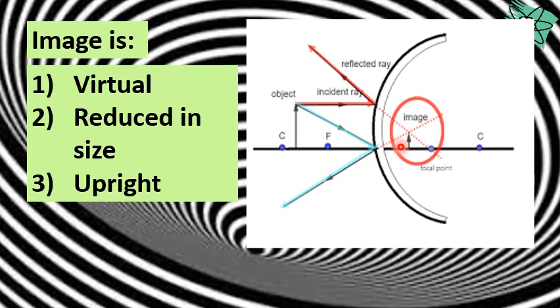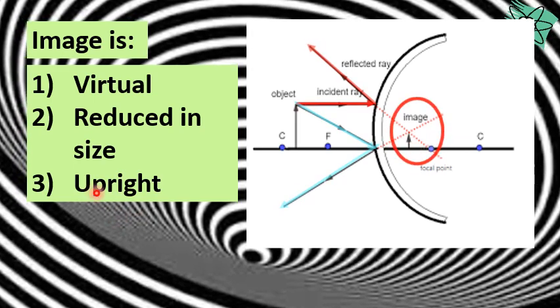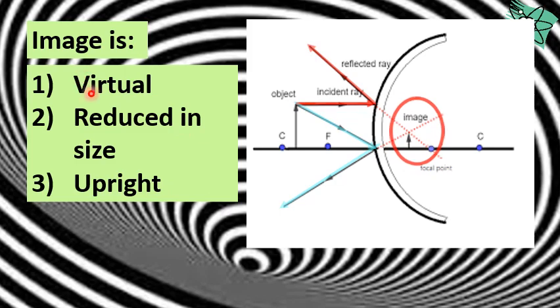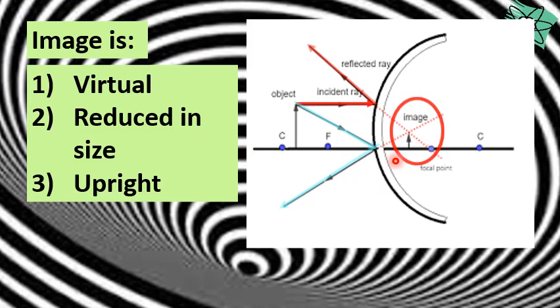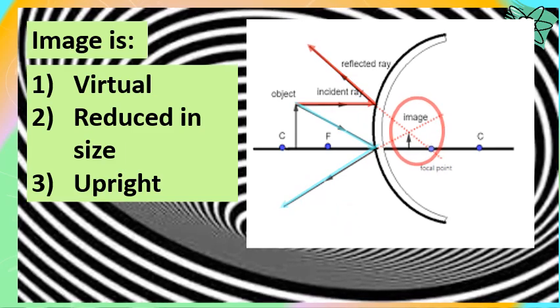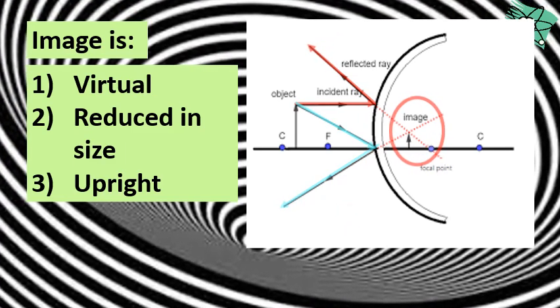And just like the object, the image is also upright or erect. That explains our answer to this question.